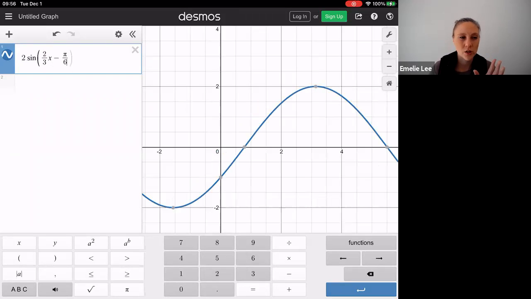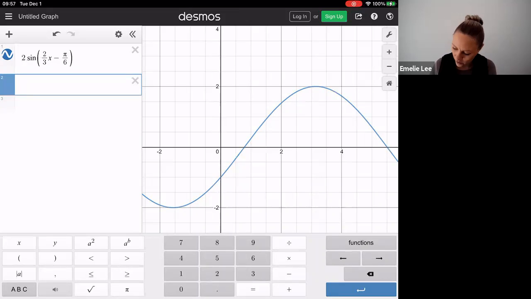So just make sure that your function that you're writing out actually matches the one that you started with. Or if you want to, you can do the one that you were initially given, as well as the one that you transformed, when we pulled out that 2 over 3 from the x and the pi over 6. Let's just make sure that we didn't change our function, because that's always a good start.